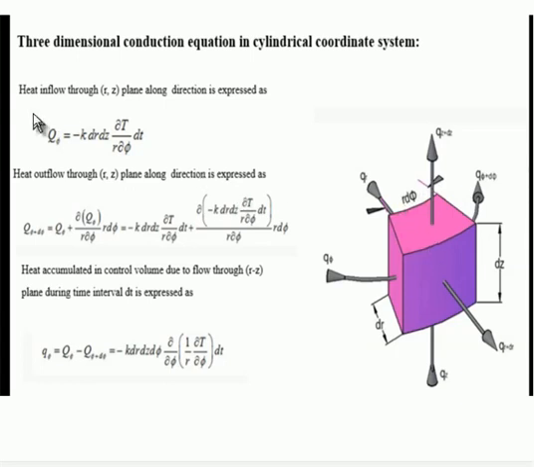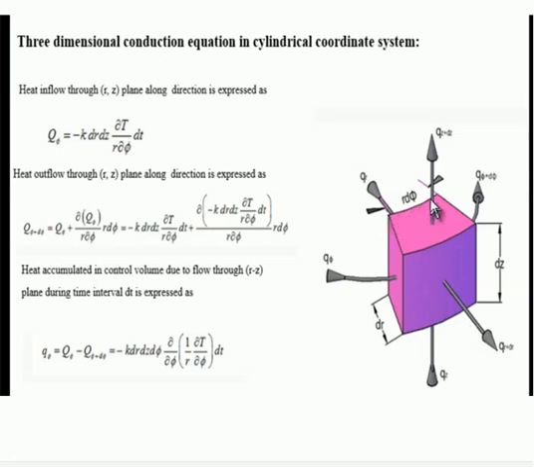Now it also has three terms: term 1, 2, and 3. Here the heat inflow through the r z plane along the direction is expressed as follows. This is the r plane, and this bottom face is the z plane.